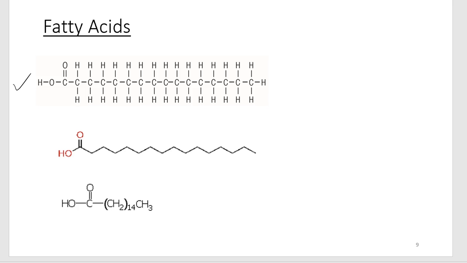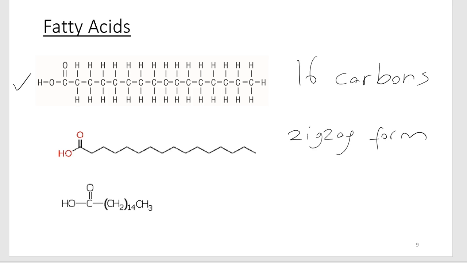If we count the carbons, we see that the fatty acid has 16 carbons. The second one is called the zigzag form. This is another presentation. It's the same fatty acid, but it's presented in a different way.